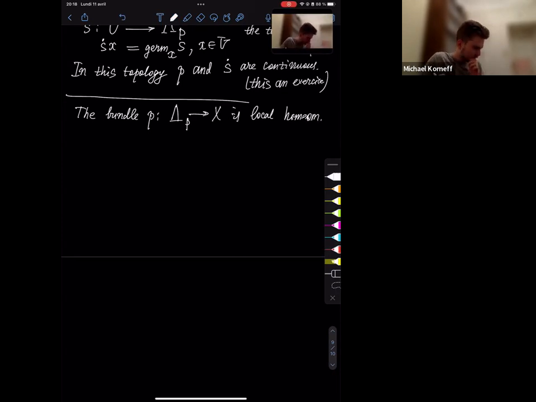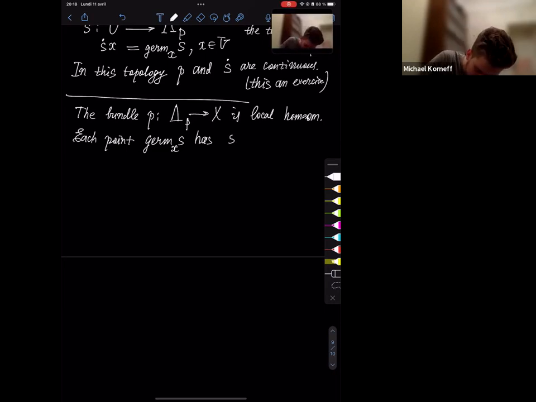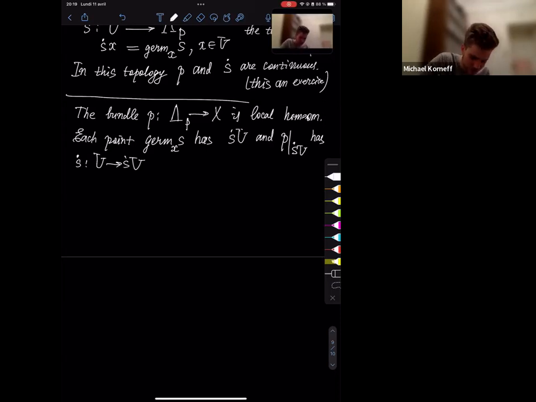More precisely, it means that each point germ s at x has the open neighborhood s dotted over U, and p restricted to this open neighborhood has the map s dotted as a two-sided inverse.